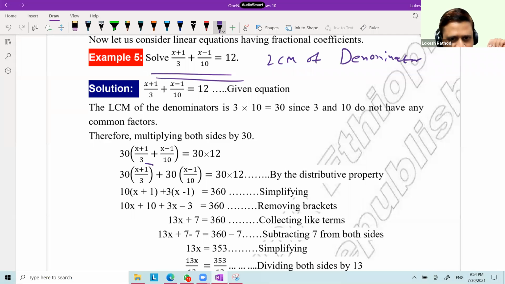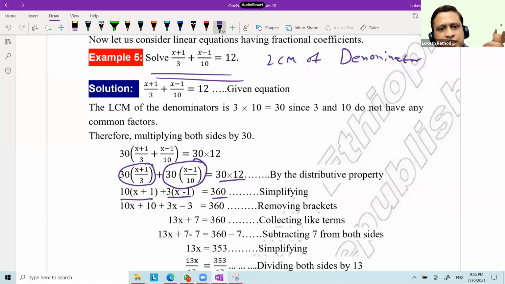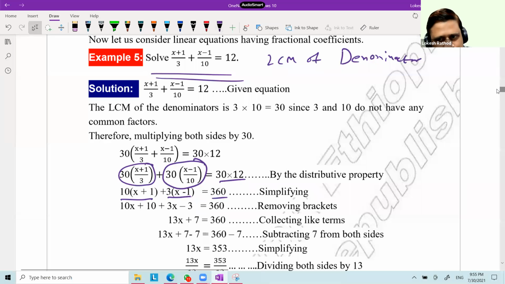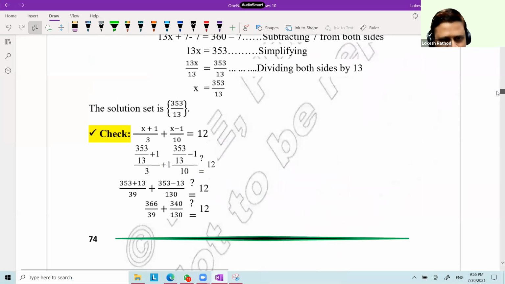You multiply this with 30, so this becomes 10 into x plus 1. You multiply this with 30, this becomes this. And 12 times 30 is this. So the fraction is removed, and then you can solve the question easily. Whenever the equation has fractions, you multiply each term by the LCM of the denominators. The fraction will be removed and you can solve it easily.